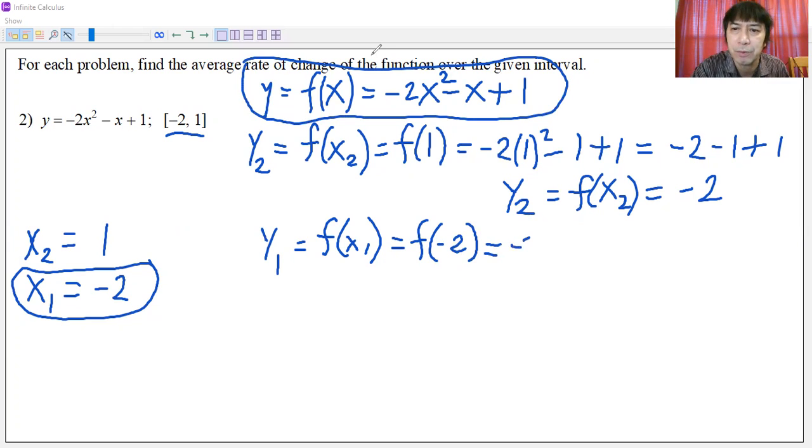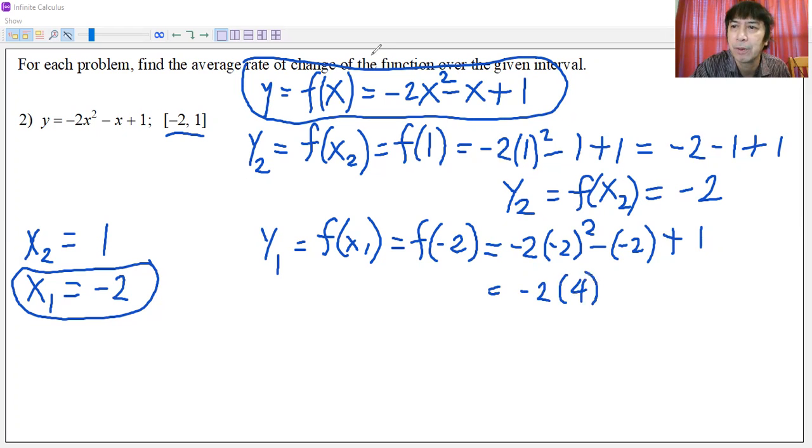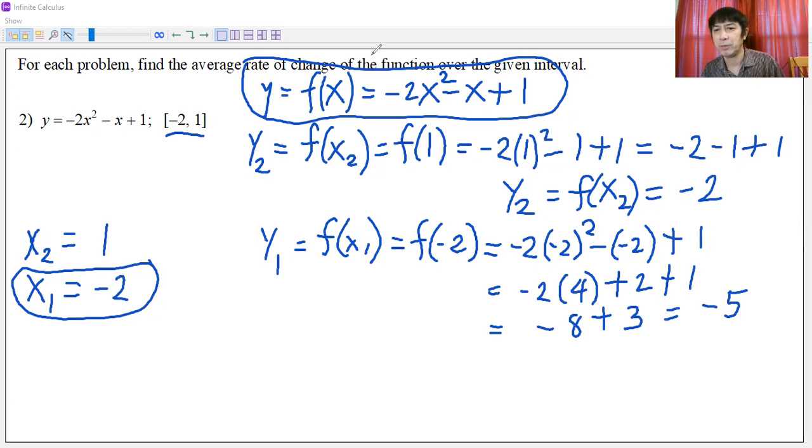So this is -2 coefficient times x squared, where we put in x as -2, then minus x means minus -2, plus 1. So this is -2 times -2 squared, which is 4, plus 2 plus 1. So this is -8 plus 3, which is -5. And that goes to our y1.